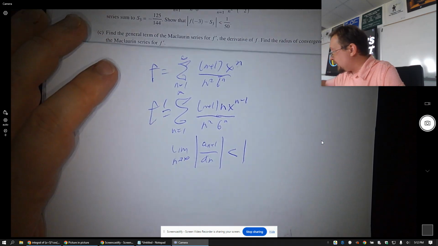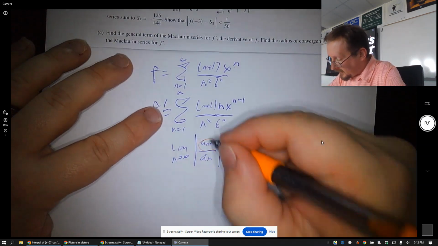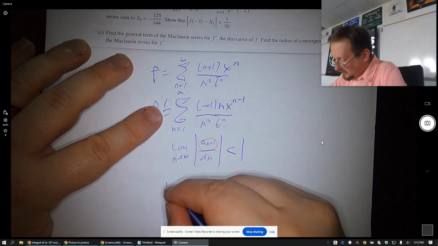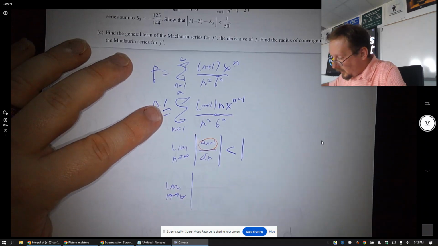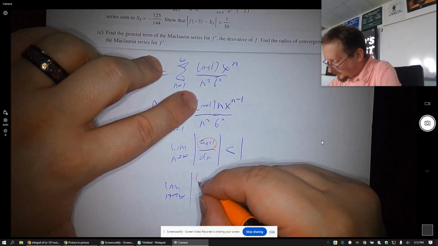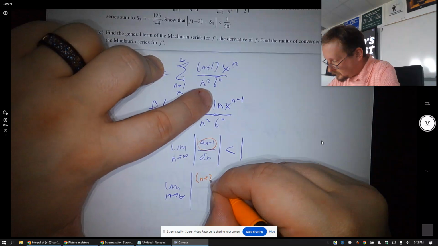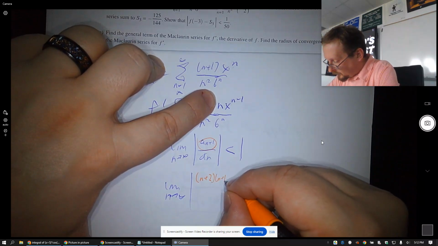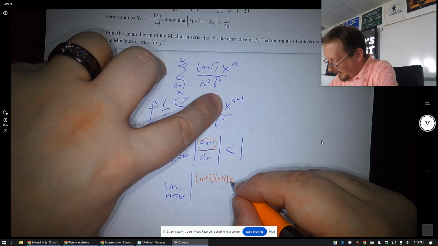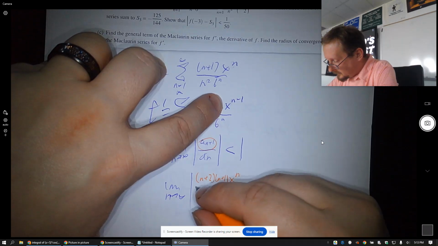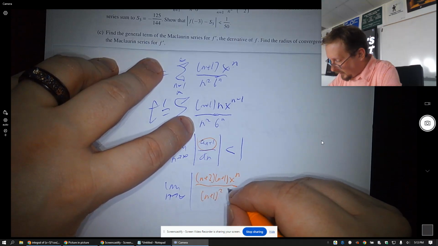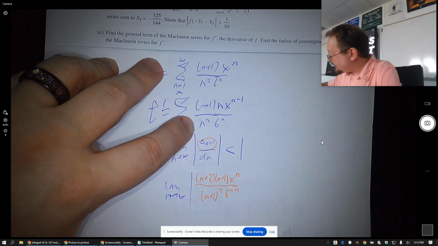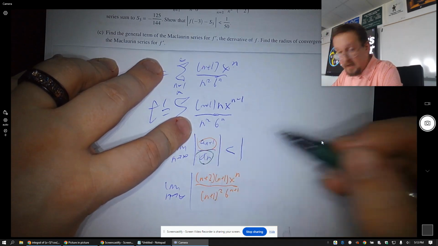Okay, now I'm going to color code these. This is going to be orange. So limit as n goes to infinity, are you seeing this? Yes. Okay, a sub n plus 1 is going to be n plus 2 over n plus 1, x to the n, over n plus 1 squared, 6 to the n plus 1. Now I'm going to make the bottom green.